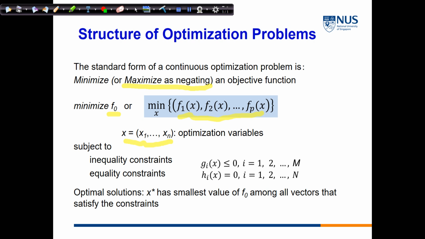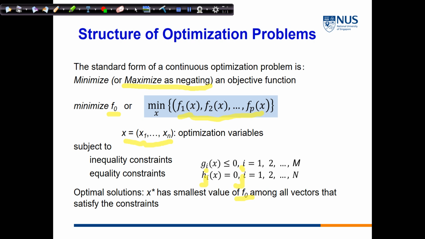Okay, so note here we use i, but actually these numbers can be different. So it's better to use the value of j, right? So it means depending on how many constraints you have, you can have a series of equations and a series of inequalities. And then the optimal solution is variable x, use x star here. That gives the smallest value of f0 among all vectors that satisfy the constraints.